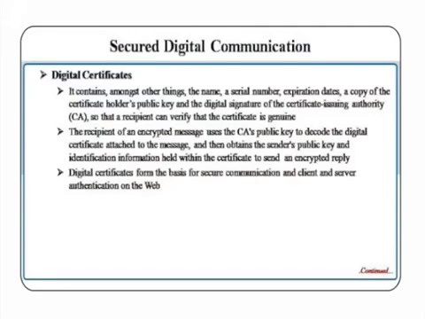The recipient of an encrypted message uses the CA's public key to decode the digital certificate attached to the message, and then obtains the sender's public key and identification information held within the certificate to send an encrypted reply.